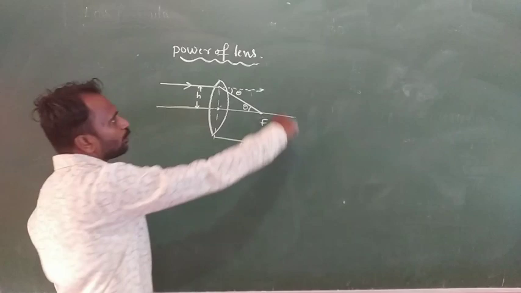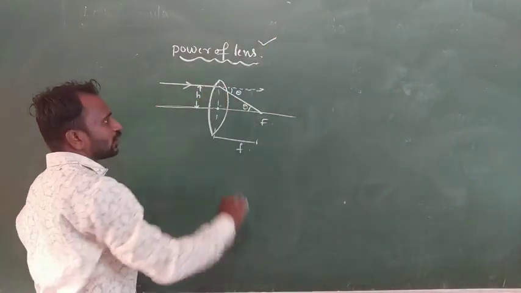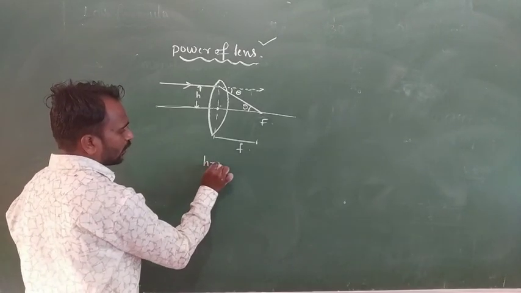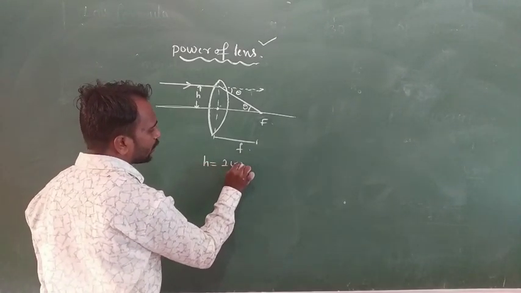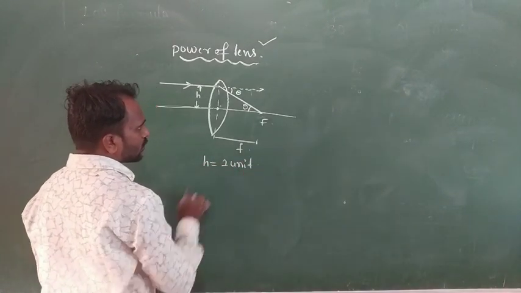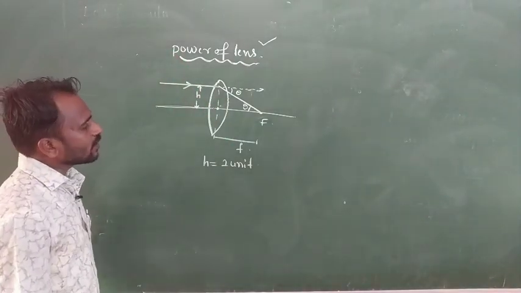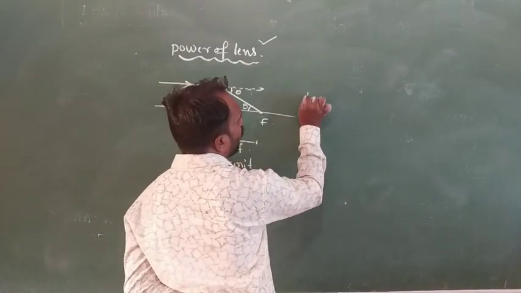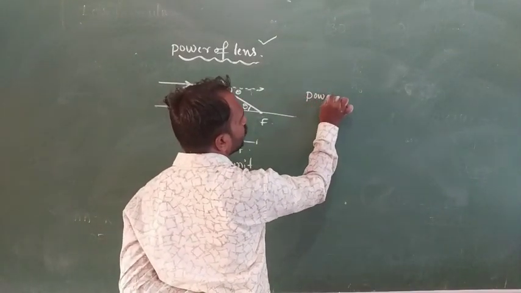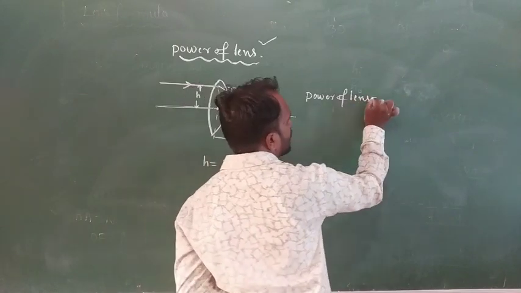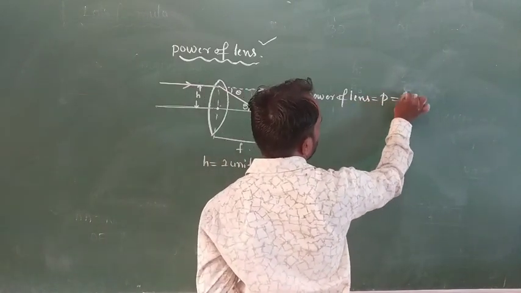We want the power of the lens, so this height value we consider as 1 unit. So the height is 1 unit. Here the power of the lens is equal to P, and P is tan theta.